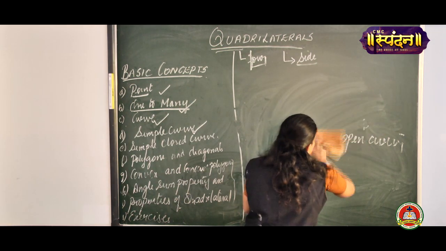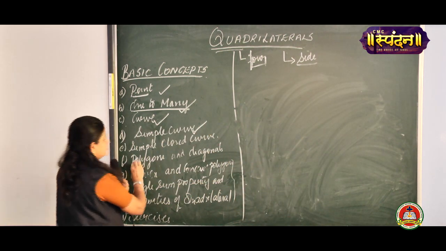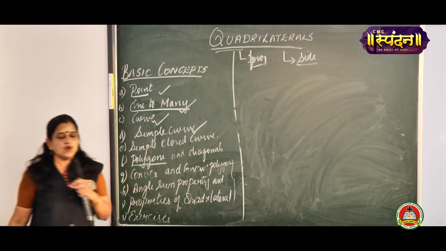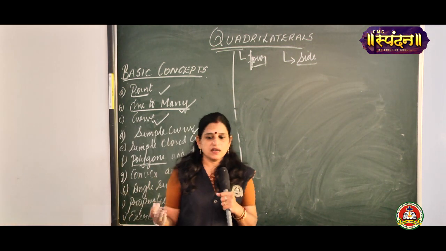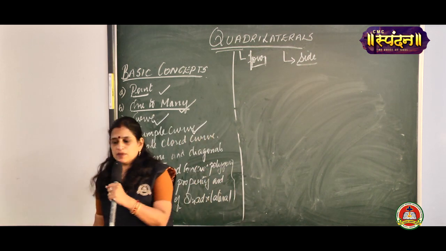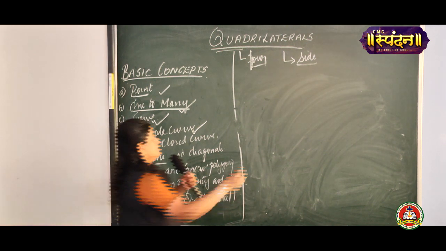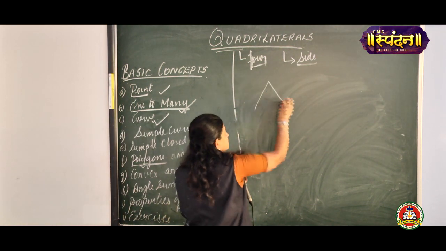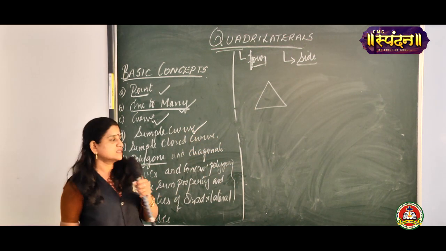Next we will move on to the topic polygons. What are polygons? If the figure is entirely made up of line segments, you call it a polygon. So a triangle is a polygon because it is entirely made up of line segments.